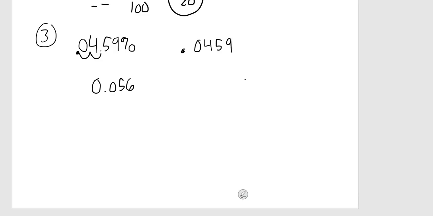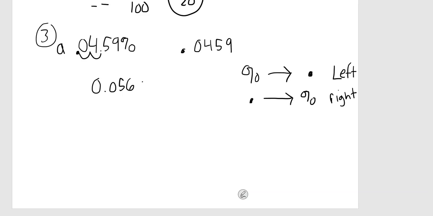Okay, so remember that if you are going from a percent to a decimal, you've got to move to the left 2 places. And if you are going from a decimal and you want to turn it into a percent, you move to the right 2 places.